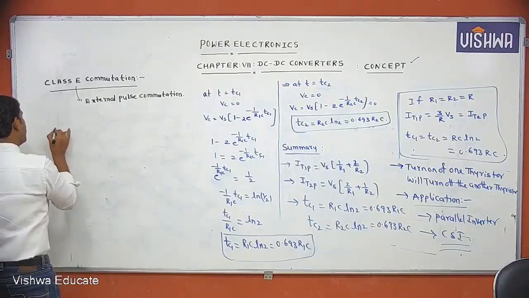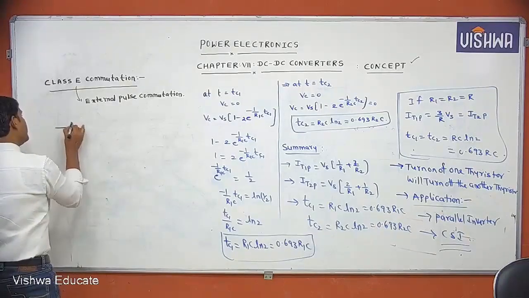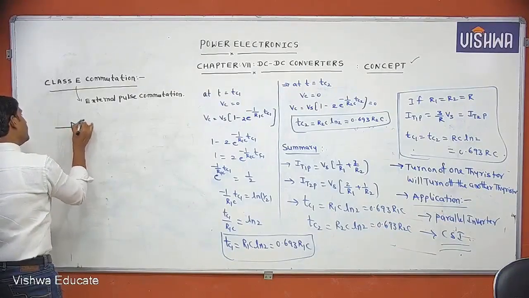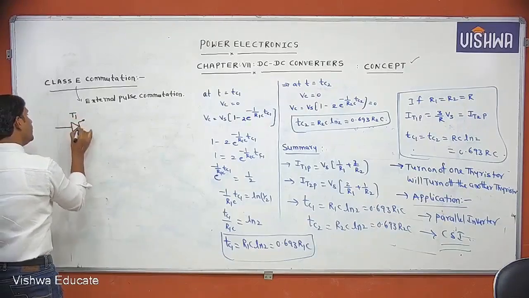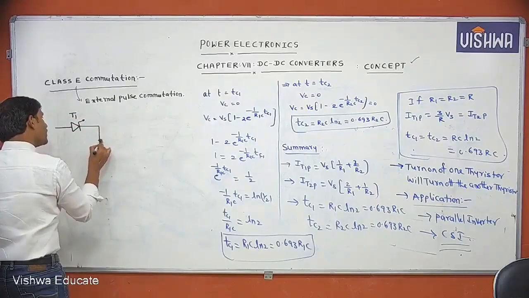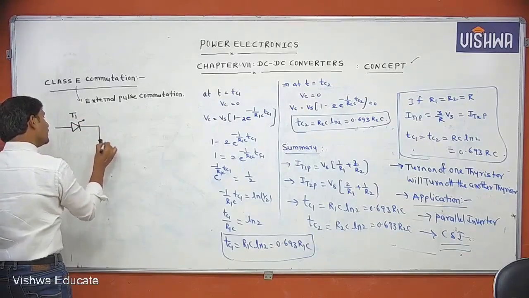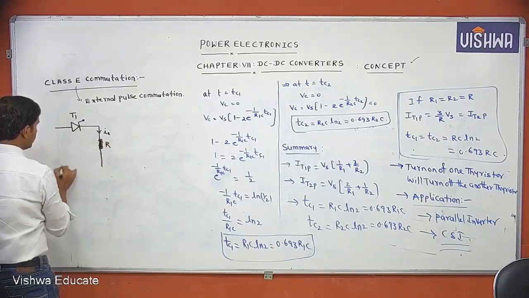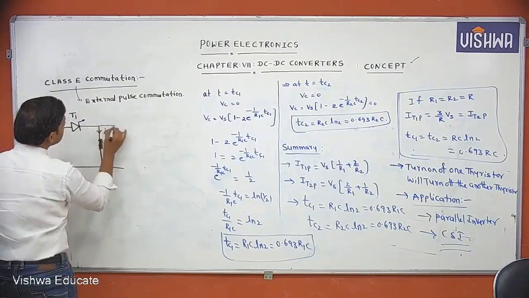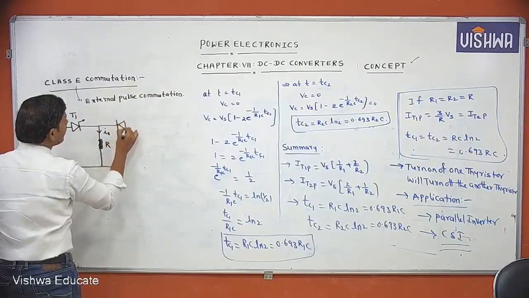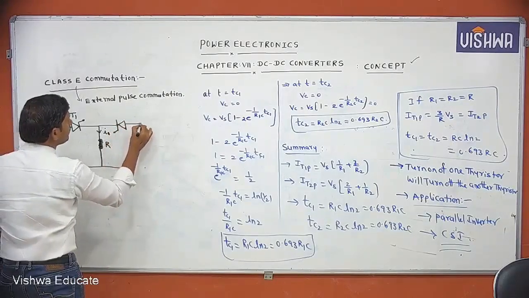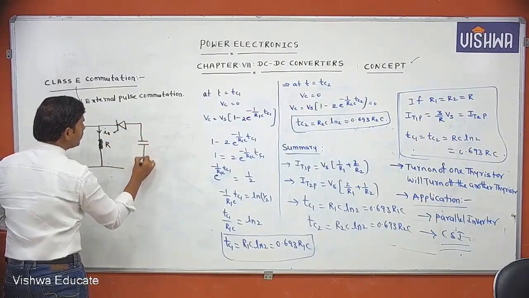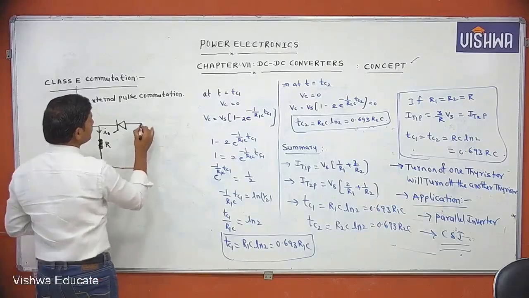That you will see. T1 is the main thyristor. Let it be supplying the power to the resistive load. This is R. This current I0 is the load current. Now, to turn off this thyristor, we are using an external commutation circuit.